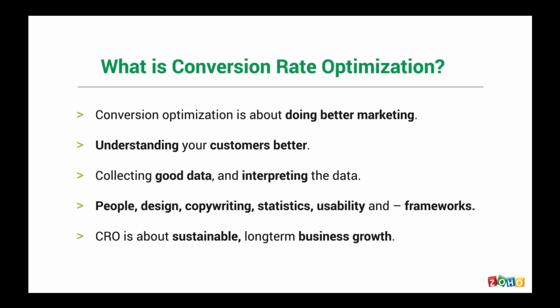The critical part of conversion rate optimization is collecting good data and interpreting the data. If you have bad data or you don't draw the right conclusions out of it, everything else becomes meaningless. There's no point forming a hypothesis from bad data, no point testing this stuff at all, right?